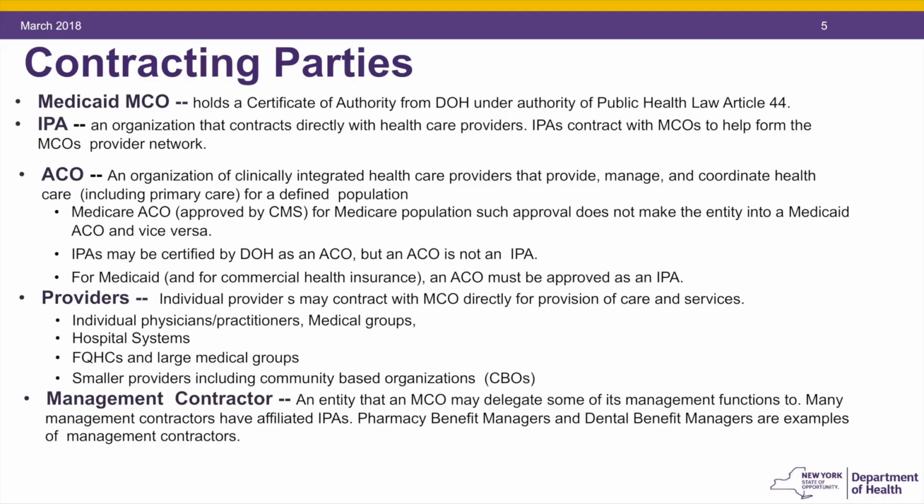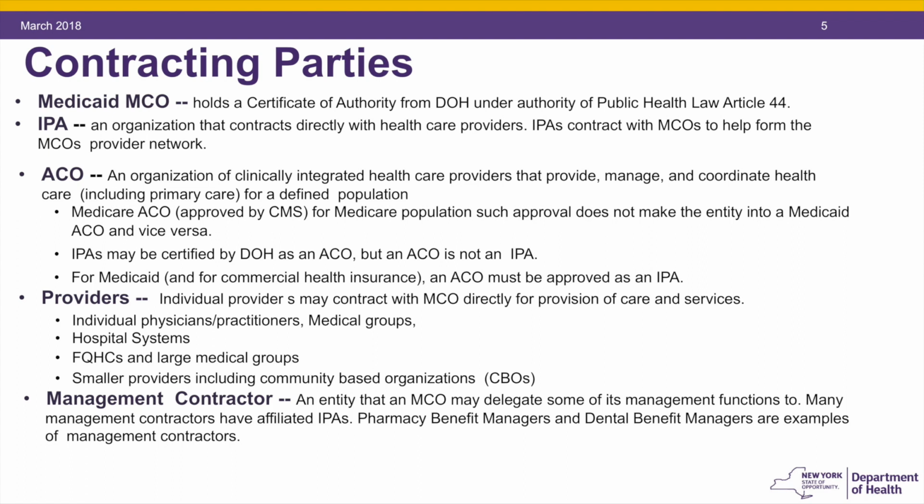Another introductory slide: who are the players currently. At the very top, it's the payer, or Medicaid MCO, Managed Care Organization. As you see, an MCO holds a certificate of authority given to them by the Department of Health pursuant to the Public Health Law, Article 44. The Independent Practice Association, or IPA, is an organization that contracts directly with healthcare providers and also provides the network to the MCOs.